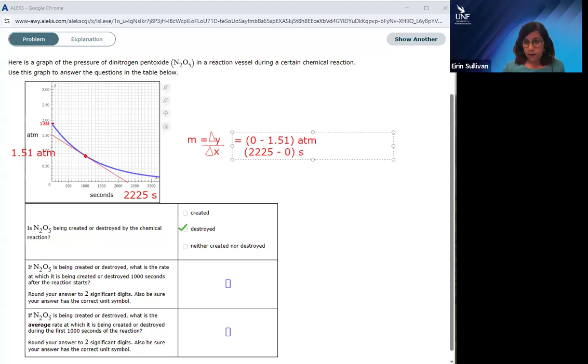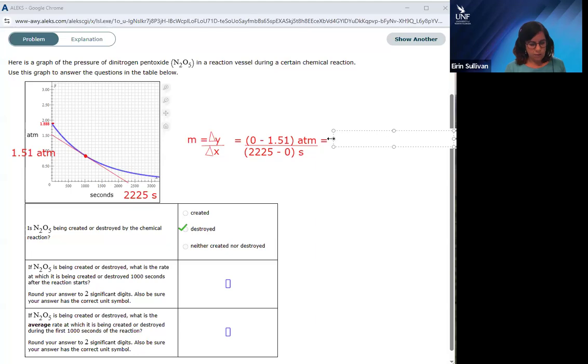So I'm going to get my gradient in atmospheres per second. It's going to come out as negative. We can't really define a rate as negative. We're just going to acknowledge that it is a rate of consumption. So it's going to come out as negative, but we're going to take the modulus of that if you like.